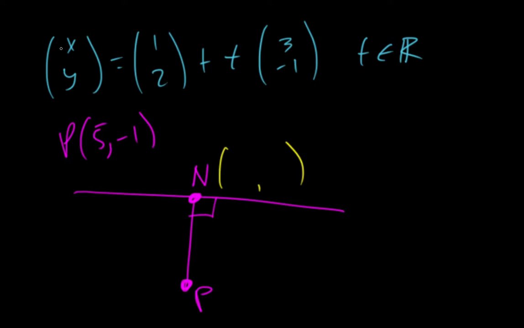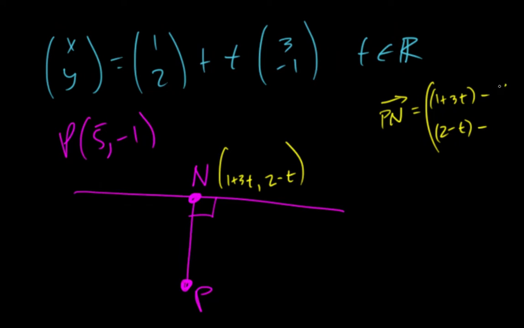And so if we just take the x value right here, it's going to be 1 plus 3t. If we take the y value right here, it's going to be 2 minus t. Okay. And so if we want to find PN, we're just going to take the N coordinates minus the P coordinates, and then we want to simplify that.